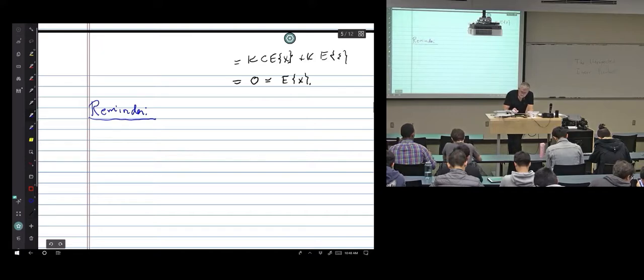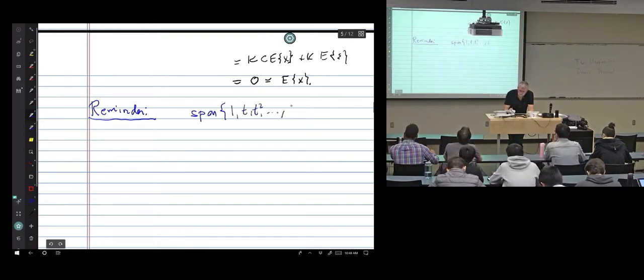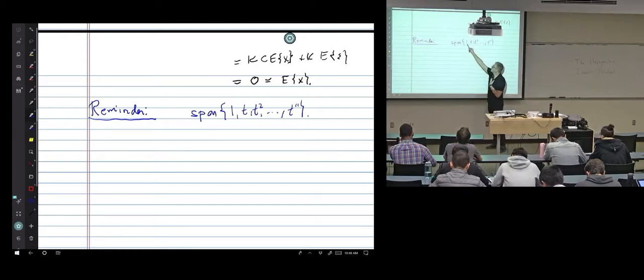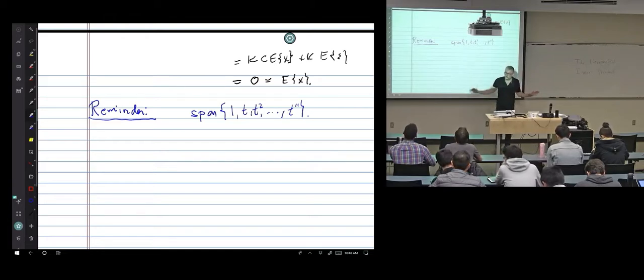You were very happy and did quite well with things like span of 1, t squared, t to the 11 or whatever, okay? You no longer say, hey, this is a scalar, how can they be linearly independent, right? You're quite happy with those are functions, and functions, even if they take values in the reals, they can be linearly independent vectors. You guys are totally cool with that, okay?